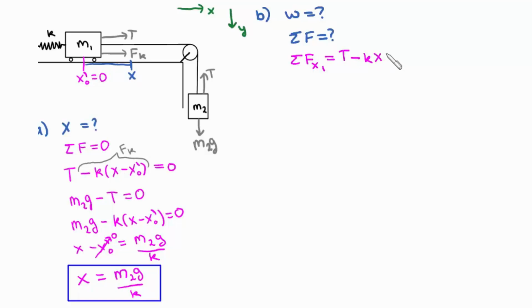Then this is equal to m1, the mass of body number 1, multiplied by its acceleration, x1 double dot.